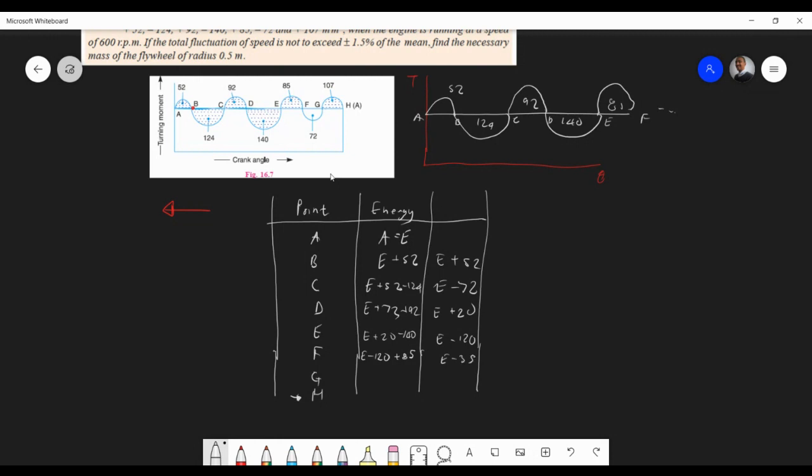At G, it's a minus 72, so it's E minus 35 minus 72, and we're getting E minus 107. And like I said, in the end, it must all balance out. E minus 107 plus 107, you should just get E, which says that energy in equals energy out. Like a shear force or bending moment diagram.